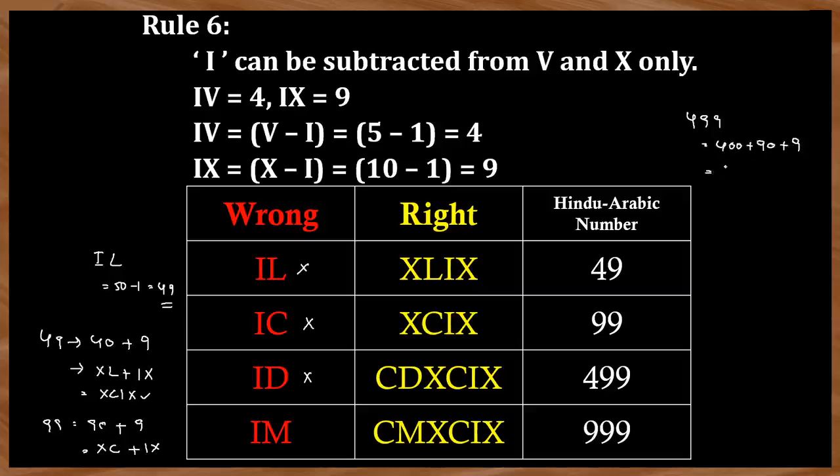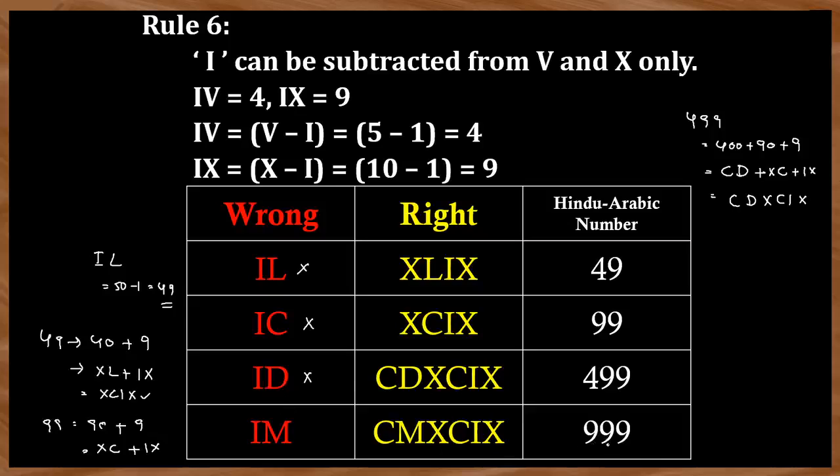First 400 means 500 minus 100, CD, which is 400. 90 means 100 minus 10, which is XC. 9 means 10 minus 1. So which is CDXCIX. So this is the correct form. This is a wrong method. Even though it is looking simple, it is not the correct form. You should write like this one.